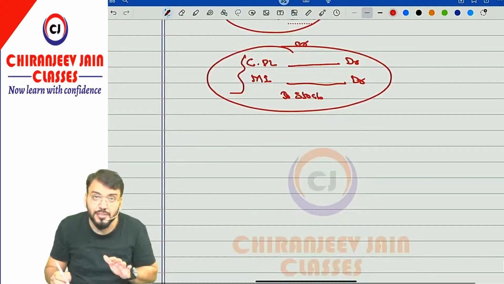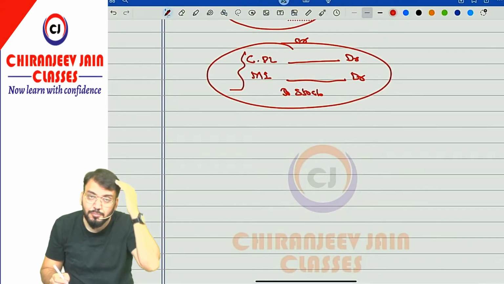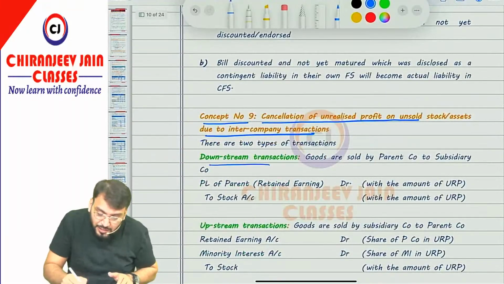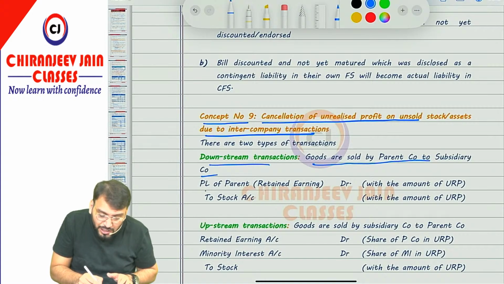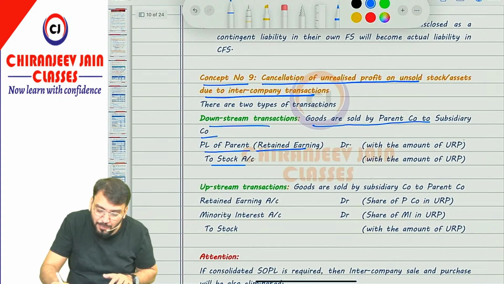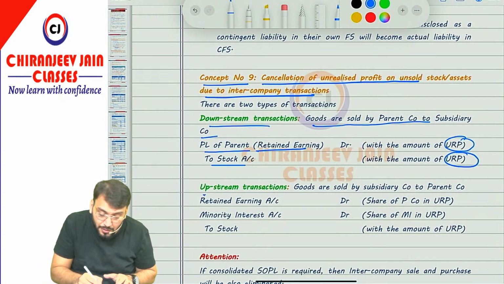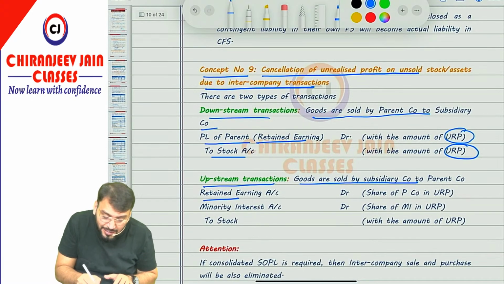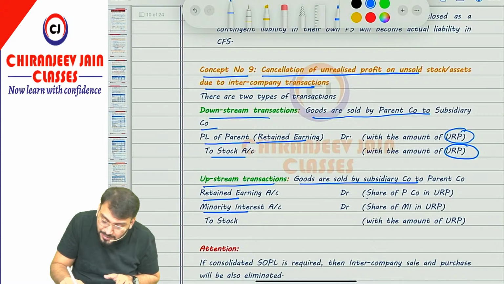Have you understood this point? Okay. So that is all. In a downstream transaction, the goods are sold by the parent company to the subsidiary company. Then your journal entry is: retained earning account debit to stock, directly with the amount of URP. URP means unrealized profit. In an upstream transaction, goods are sold by the subsidiary to the parent, so it is retained earning and minority interest debit, as per the share of the parent company and the share of minority interest.